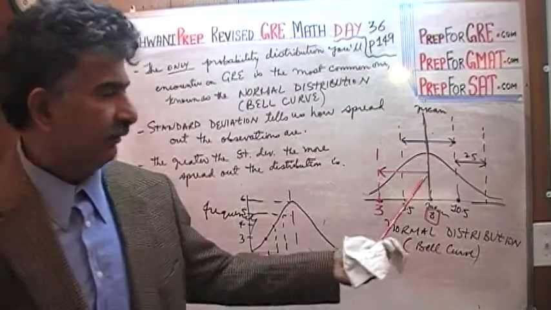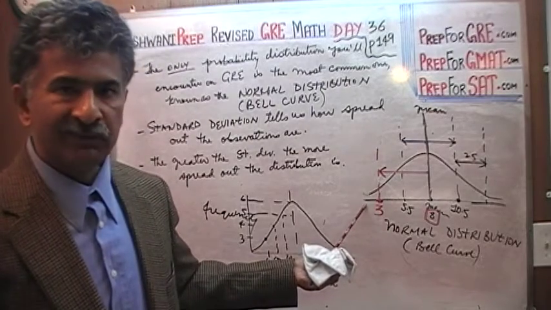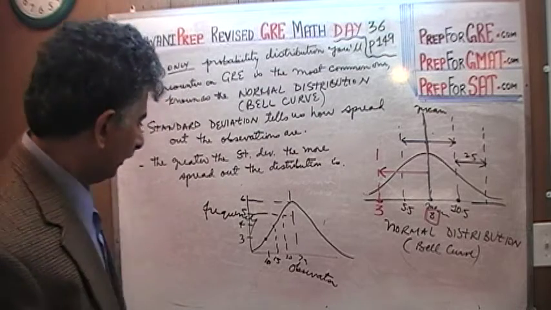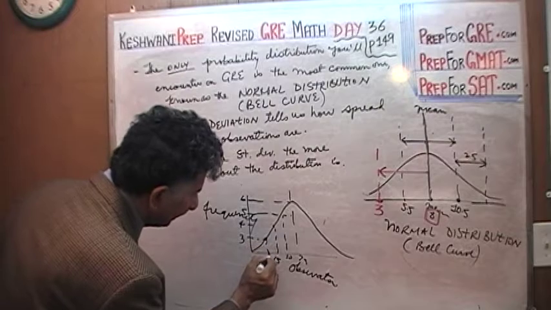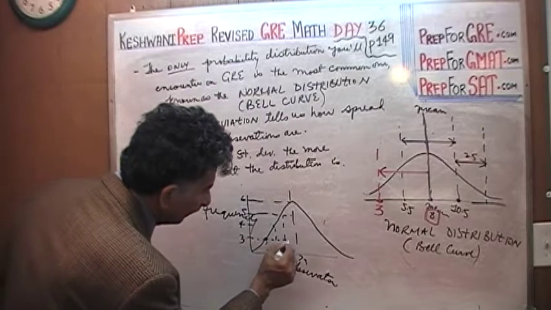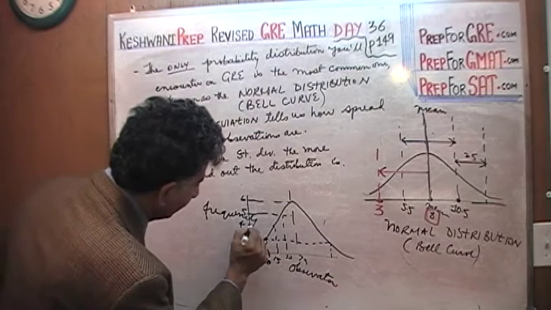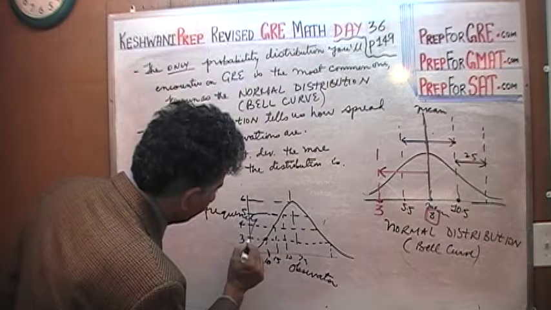And whatever happens on the left hand side, the same frequencies are replicated on the right hand side. That's all. So for example, here I saw 3 observations of 10,000 right here. That tells me that I should also see 3 observations on the other side. This was 4, this was 5, so this was 3.